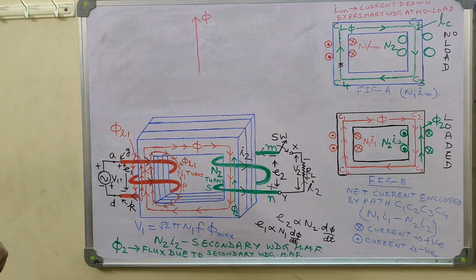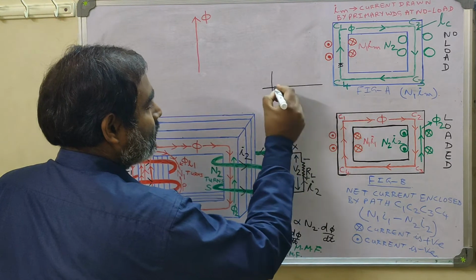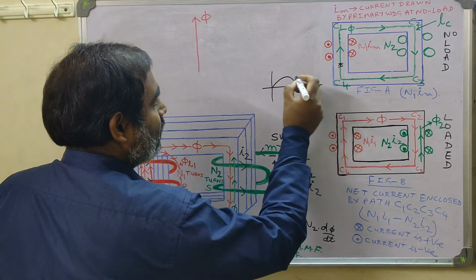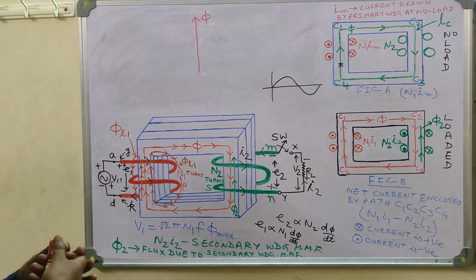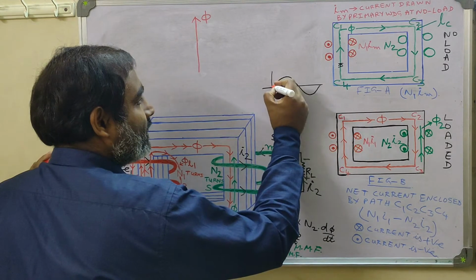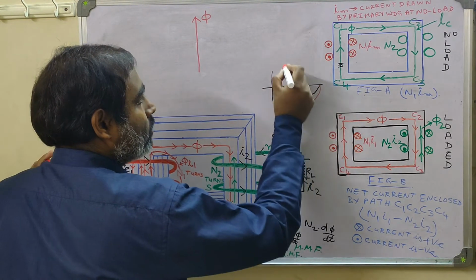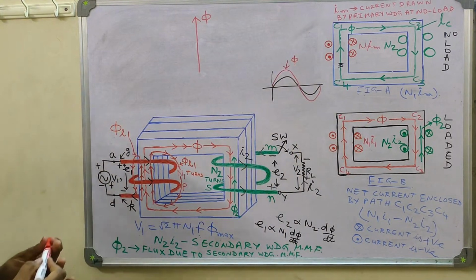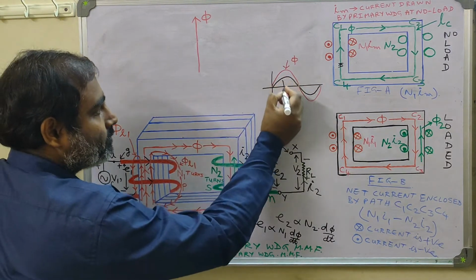For example, let me draw over here so that we can make out something. Let's say this is our magnetizing current Im. So what about the magnetic flux phi? Magnetic flux phi will also be like this. So this is your magnetic flux phi, and this one is the magnetizing current Im.